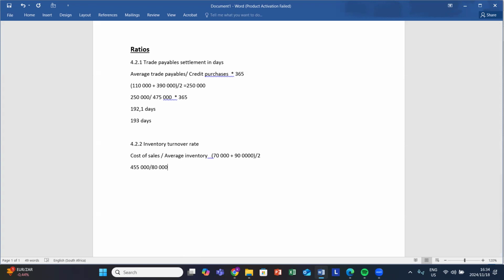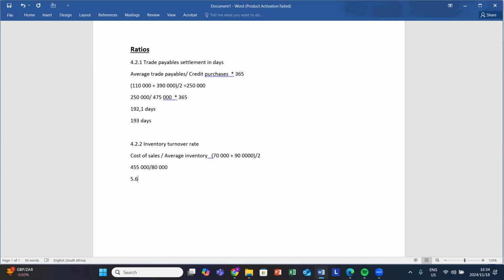And therefore, we'll say 455,000 divided by what? Divided by 80,000 rand. And then we'll get our answer, which is how much? Let's round it off to 2 decimal places.